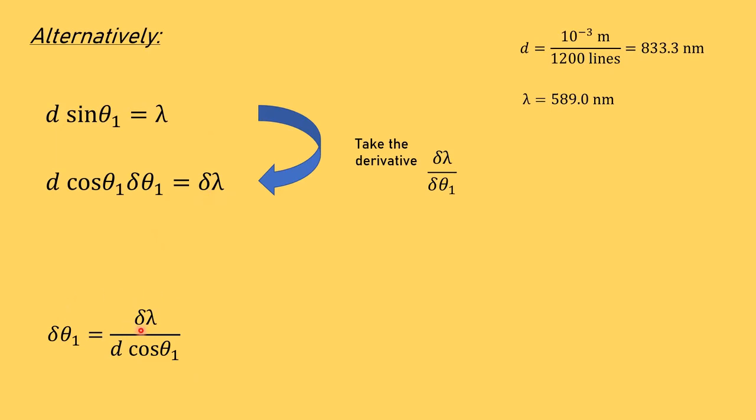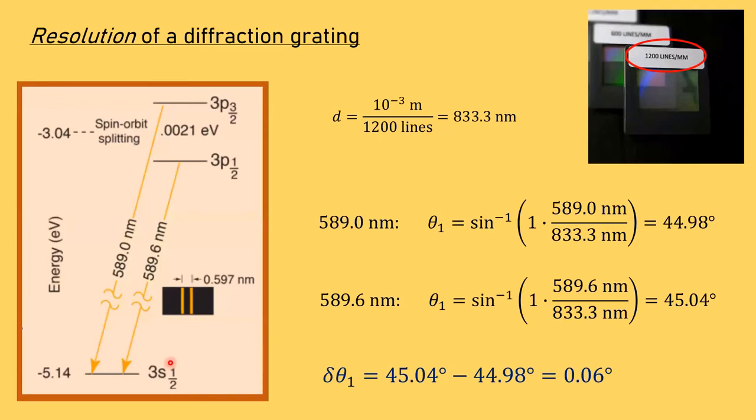All I have to do is plug in the difference in the wavelength between those two colors, and I have to choose a particular theta to plug in. So let's assume that we're currently looking at the 589 nanometers wavelength. I'm sorry, we're not going to plug in the wavelength. We're going to plug in the angle associated with that wavelength. Let me go back a couple slides. We already found this was the angle at which light is diffracted when it's at this wavelength.